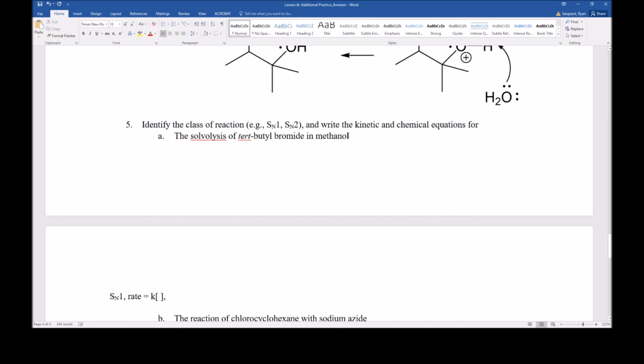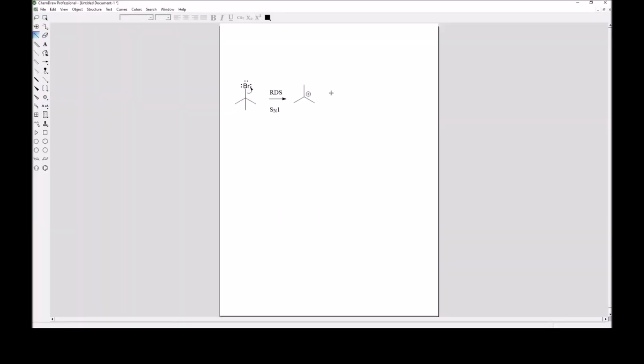The solvent that we're using is methanol in this reaction, so I need to bring in a molecule of methanol. Methanol is also a weak nucleophile, so this is not a good description of that table that we drew until we added in the solvolysis step. So here is the mechanistic detail right there.